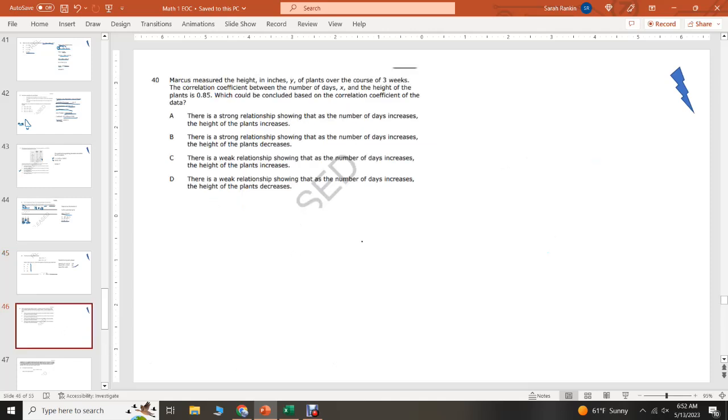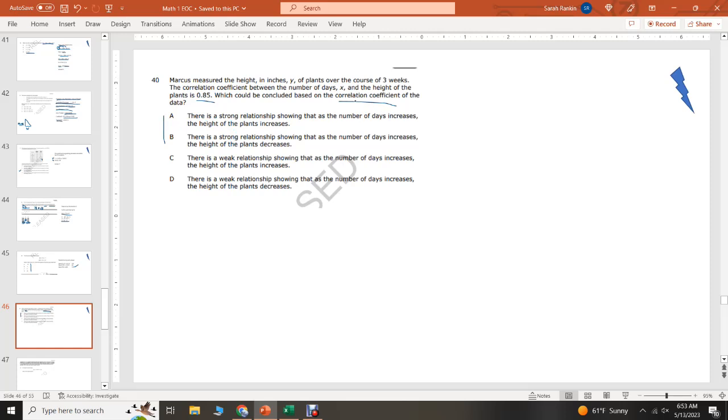Marcus measured house. Okay. Correlation coefficient is basically asking, is there a correlation between these two? And there is. So a correlation coefficient close to 1 is a high correlation. Anything over 0.6 is usually considered high. So we know it's either A or B because there's a strong relationship.